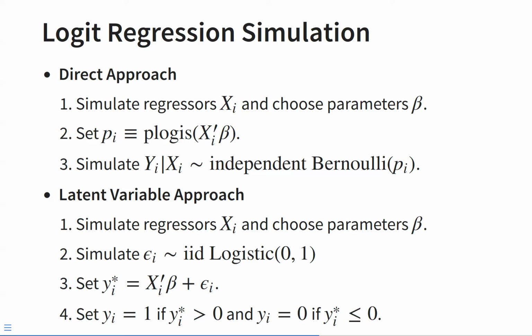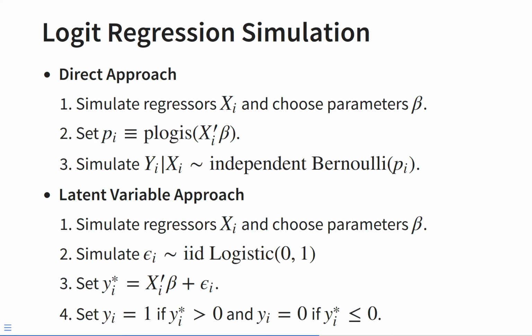So we make draws of this latent random variable epsilon, and we draw these as independent and identically distributed standard logistic draws. You may think about these as kind of random utility shocks, so differences in individuals' preferences. That would give a connection to random utility models, if you like.